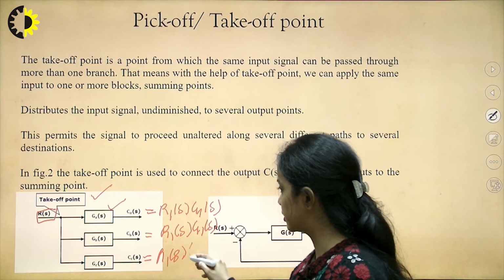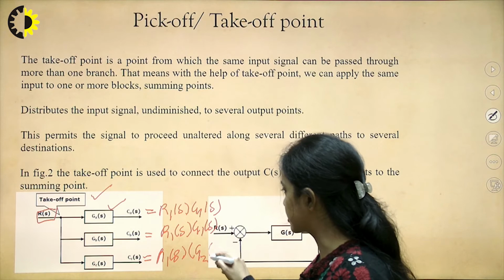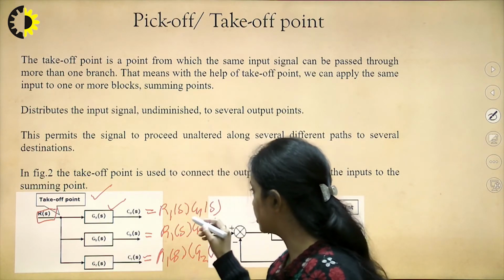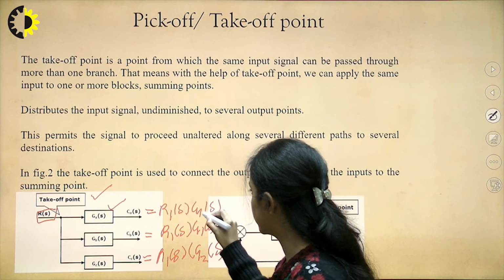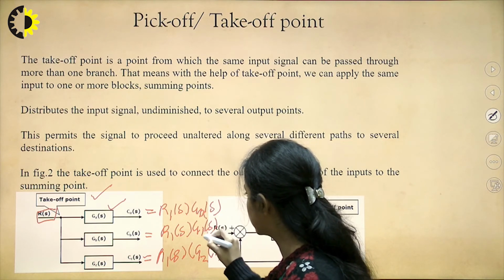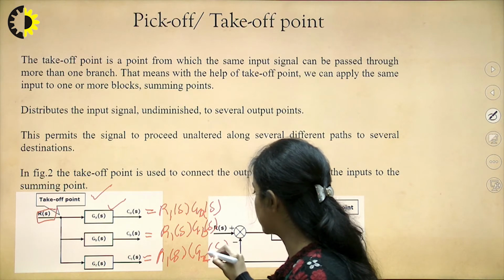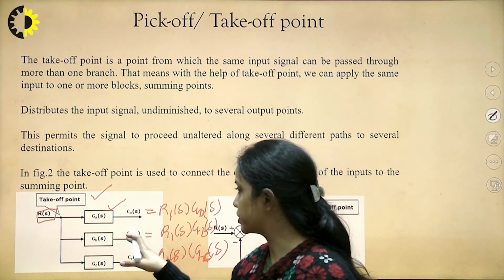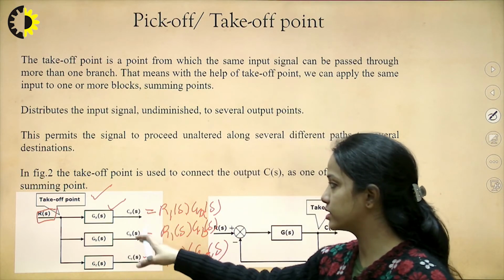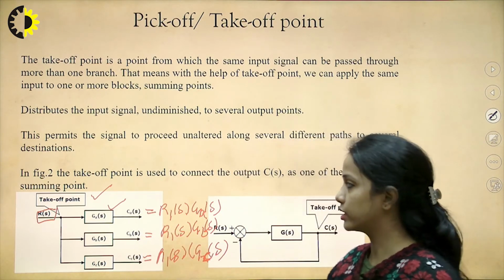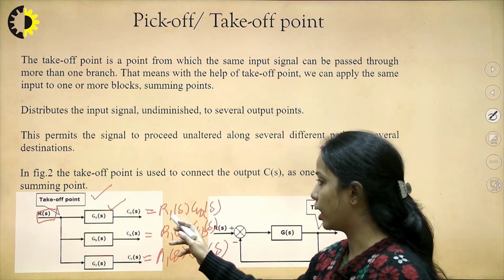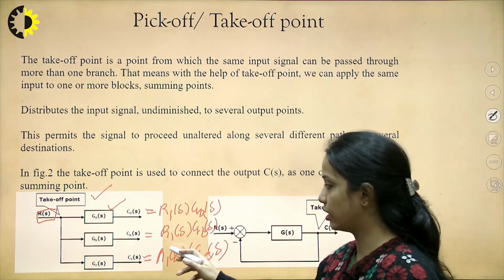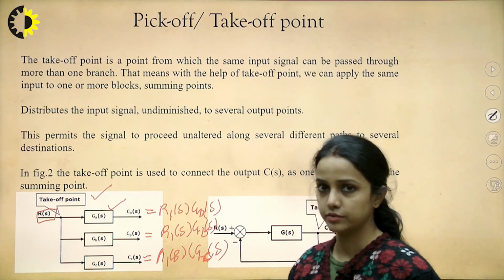Sorry, this time it is GA, GB, GC. So, it is RA, RB, RC, and CA, CB, CC. So, we are getting R1 into GA, R1 into GB, R1 into GC.